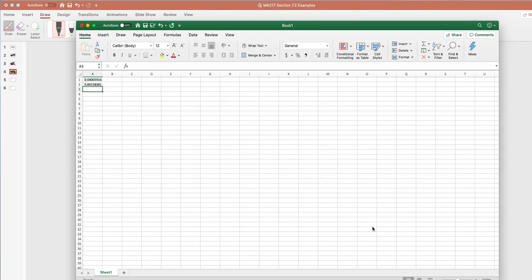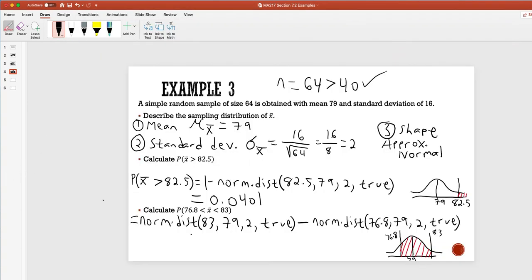Putting that into Excel indeed gives us a pretty good probability, 0.8416. So this is equal to 0.8416.